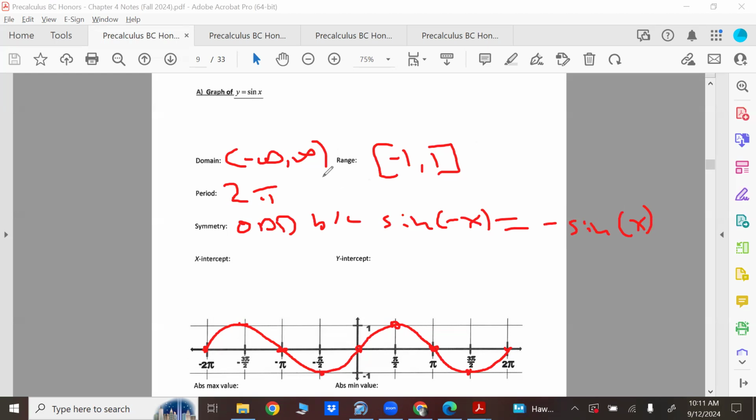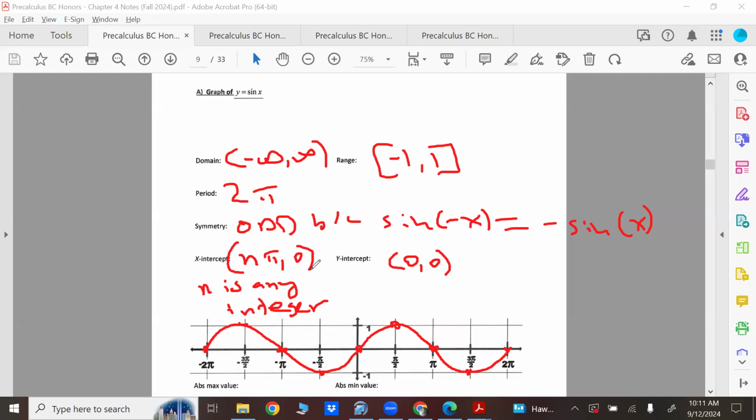X-intercept, there's a whole bunch of x-intercepts. I'll say it's n pi, where n is any integer. And the y-intercept, of course, is (0, 0). Let me write that as an ordered pair.